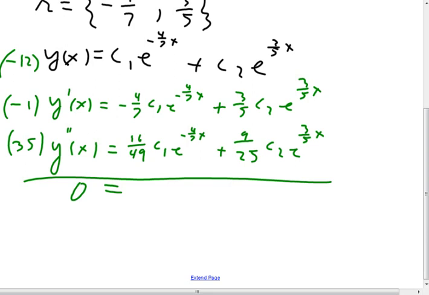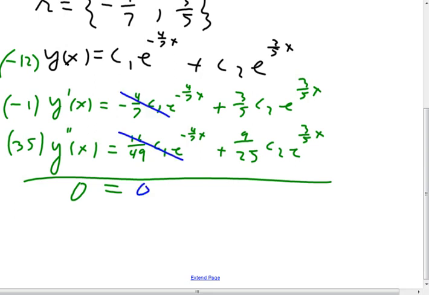Okay, well, I guess at this point would be the right time to take out one's calculator, wouldn't it? Minus 12 plus 4 divided by 7 plus 35 times 16 divided by 49 equals.